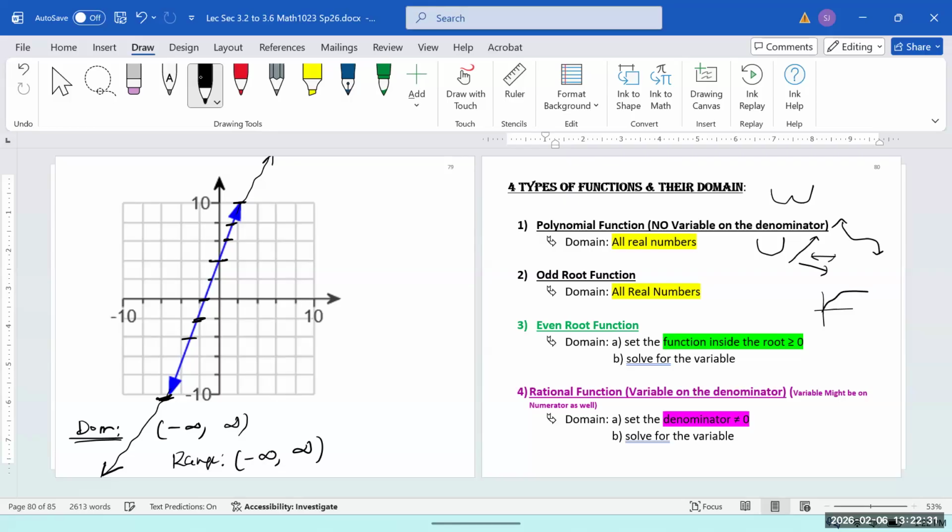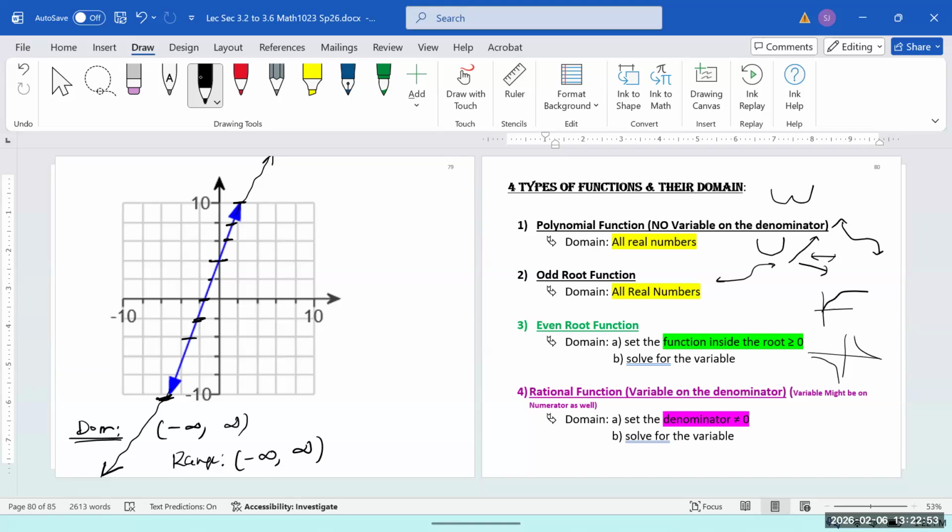This is also a function. This is also a function. These are also functions. We have so many types of functions, so many types of equations. So how do you know which one has what domain?